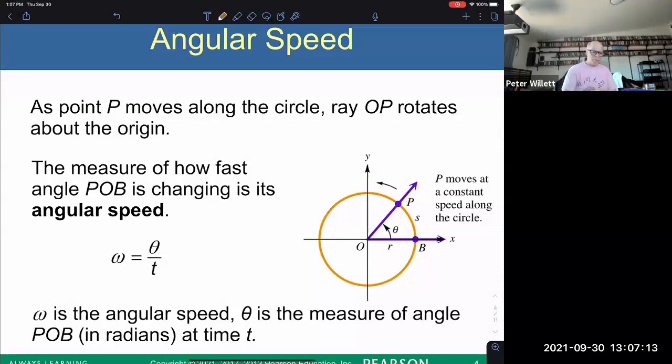So as point P moves along the circle, ray OP rotates about the origin as it follows along with the point, as if you were looking at the point. That would form that ray as you're looking at the point.